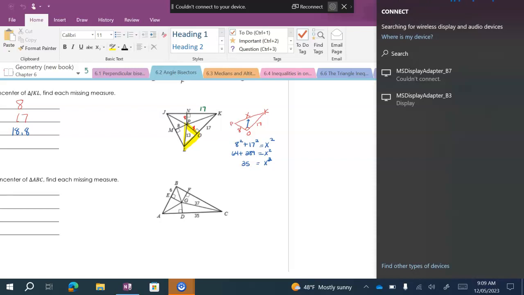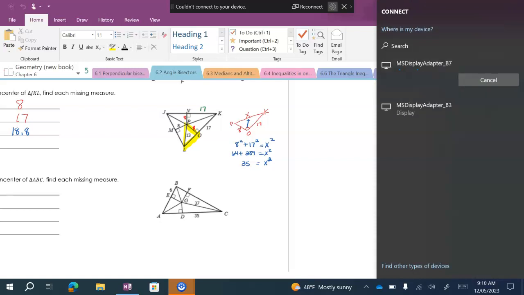Then we're going to want to subtract to get x squared by itself. And then we need to go to our calculator. We're going to round again to the nearest decimal. So we want the square root of 105, which would be 10.2. So that's the answer to that last one on that example.